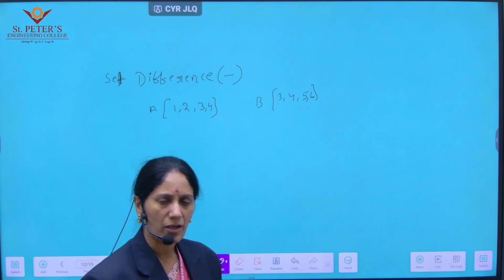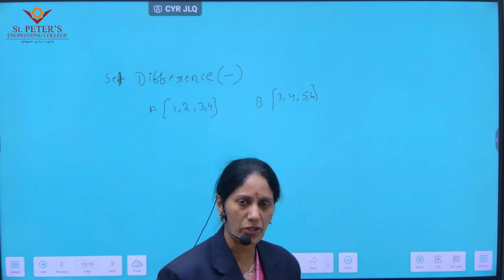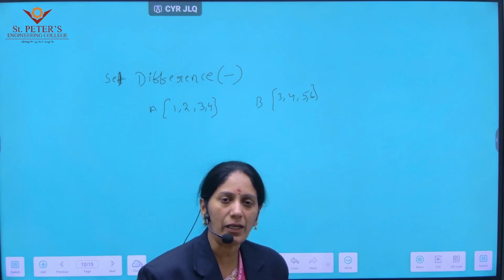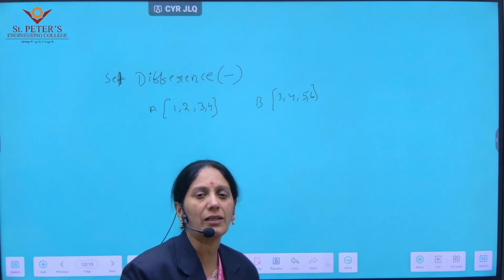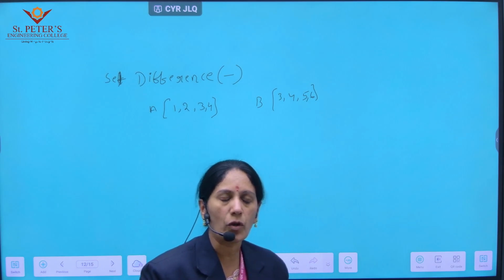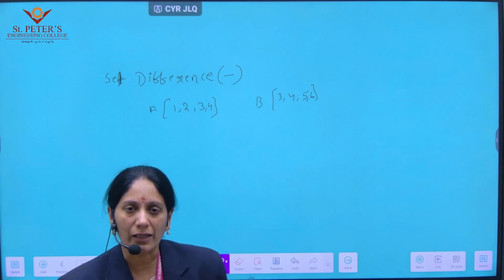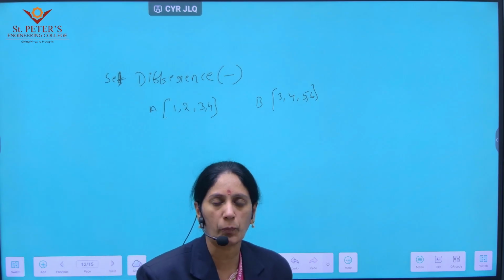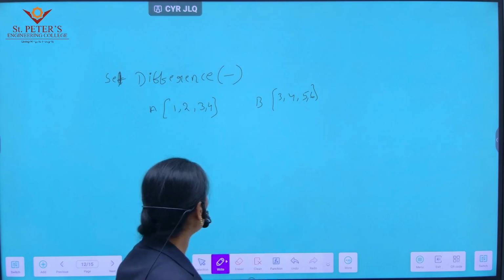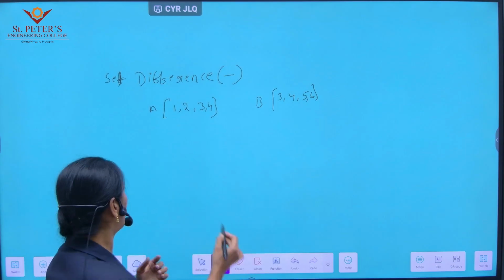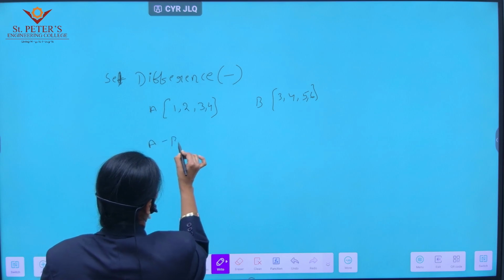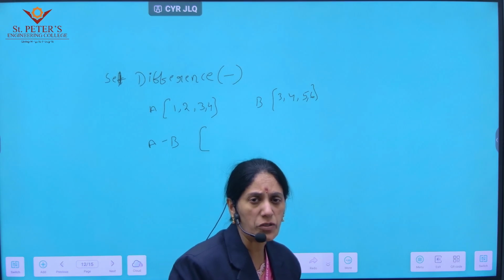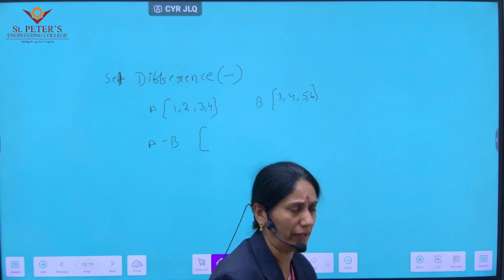What is meant by set difference operation? It means selecting the tuples in relation R1, and eliminating those elements that are also present in relation R2. Set difference is represented as A minus B. A minus B means select all values from relation R1.